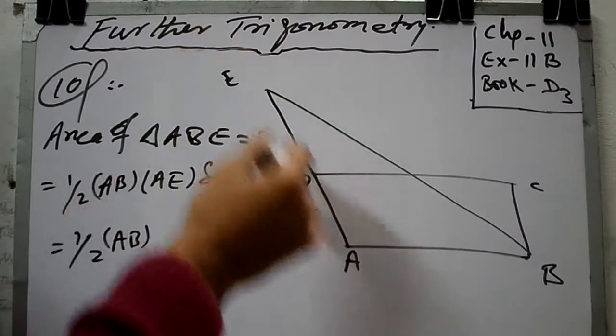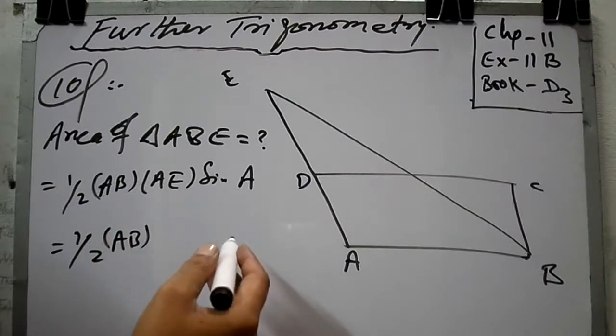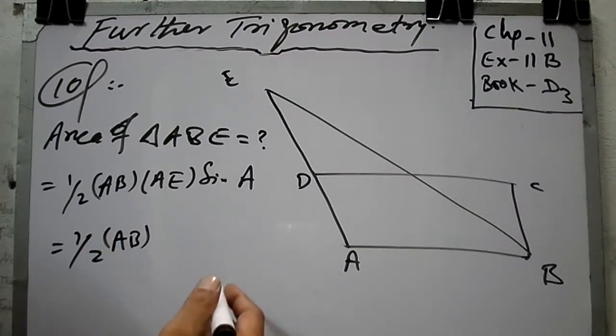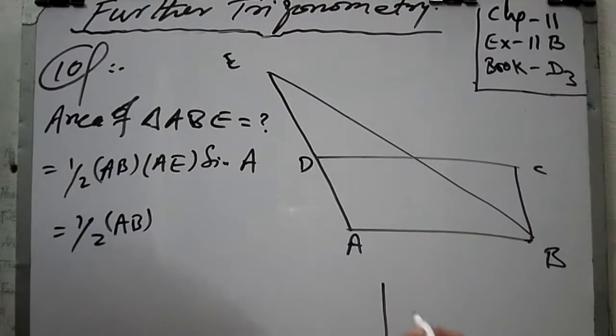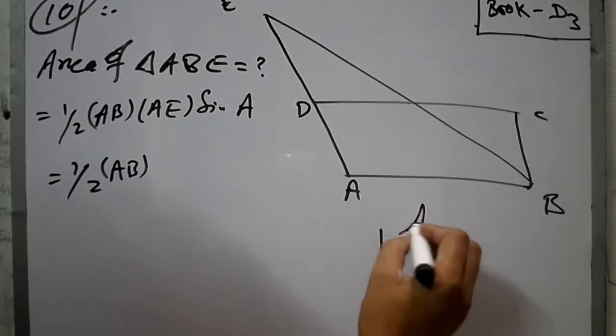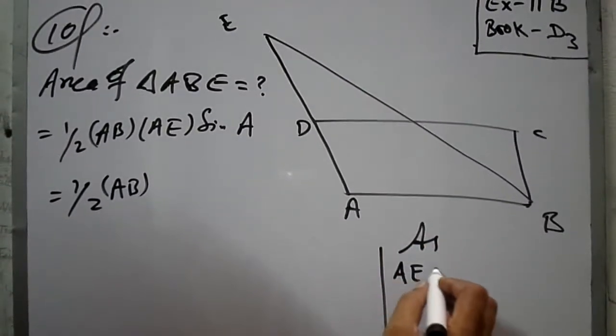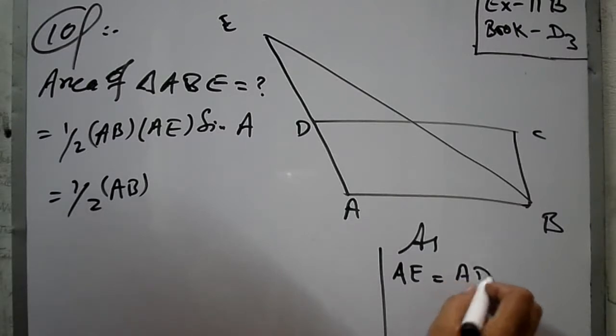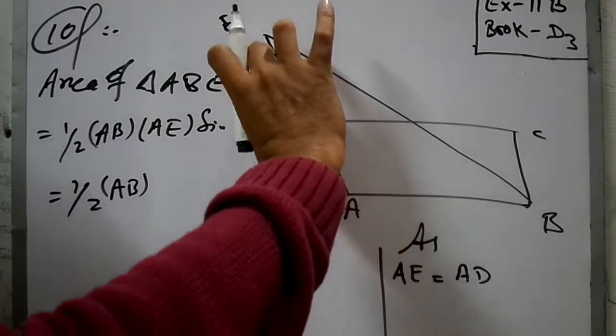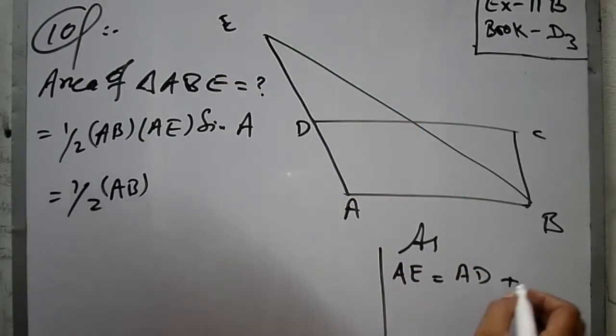For further simplification, AE is equal to AD plus DE.